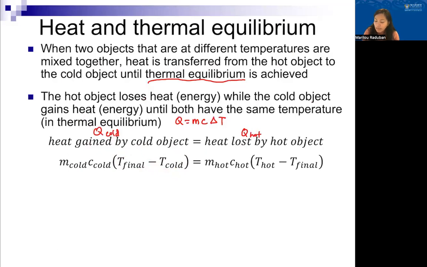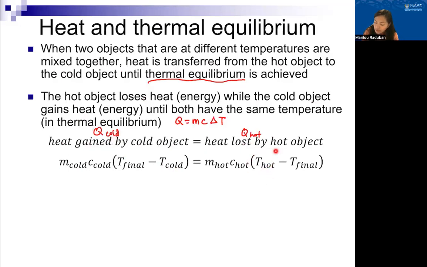And on the right side of the equation, the heat that is lost by the object will be equal to the mass of the hot object times the specific heat of the hot object times the change in temperature of the hot object. And the hot object loses heat. Therefore, the temperature of that hot object will decrease.